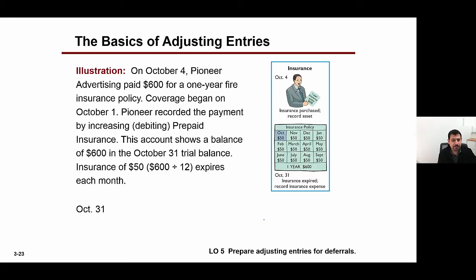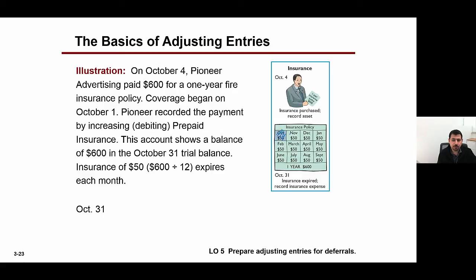So the trial balance does not have the most up-to-date information showing that we have already used the month of October. The insurance policy used to cover 12 months, but after the month of October has passed, we are left with only 11 months of coverage.